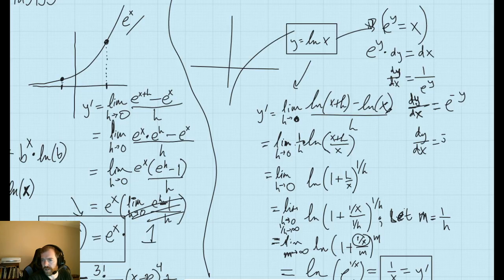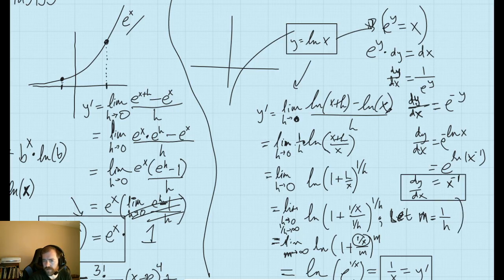So this is e to the negative natural log x. And that means that we have e to the natural log of x raised to the negative first. And e to a natural log, those are inverse functions of each other, so they go away. And then we're just left with x to the negative first. So dy dx, y prime is just going to end up being x to the negative first, or 1 over x. Right, same thing.